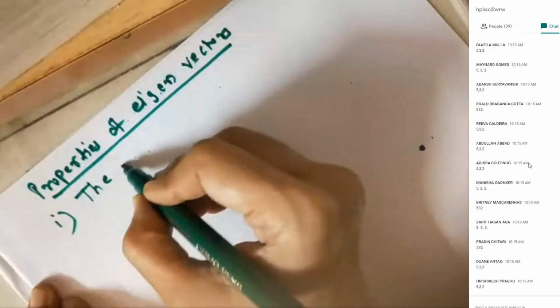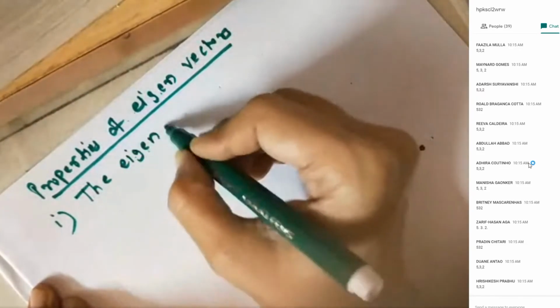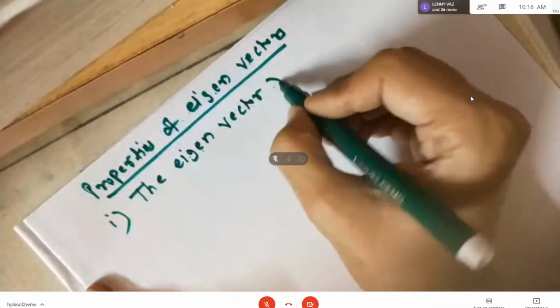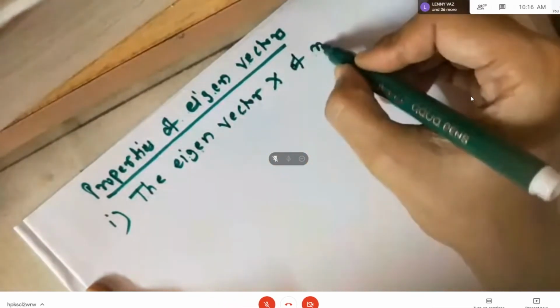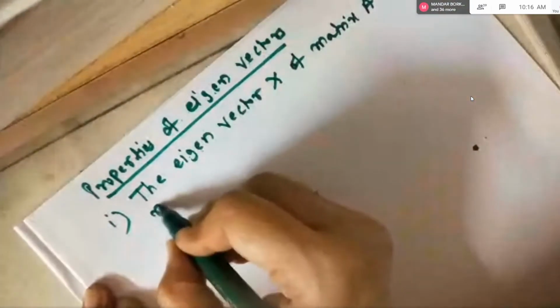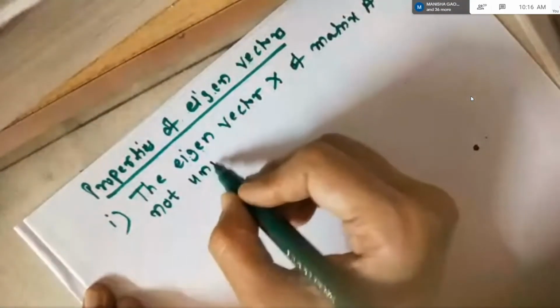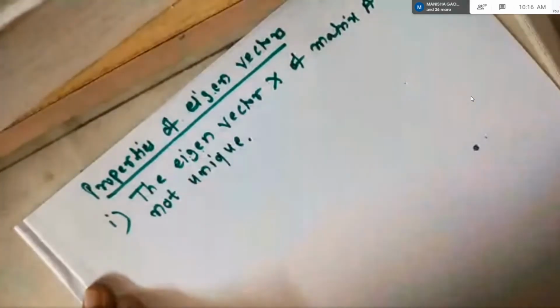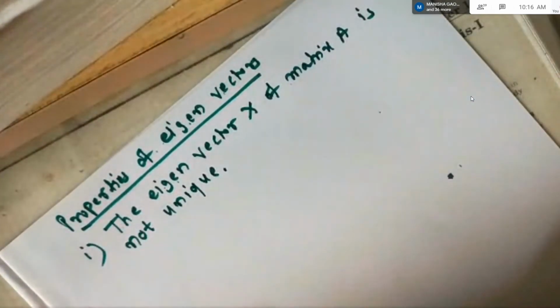I repeat, the eigenvector capital X of matrix A is not unique. This is very important. But eigenvalues are unique. Okay.